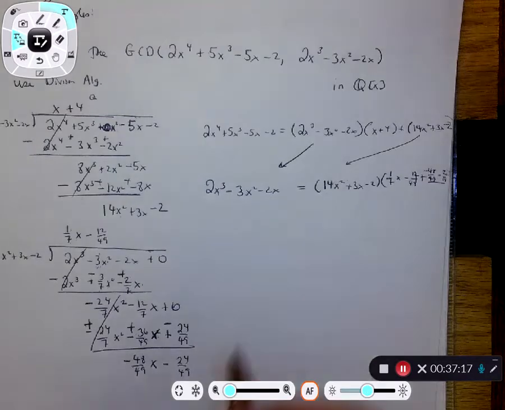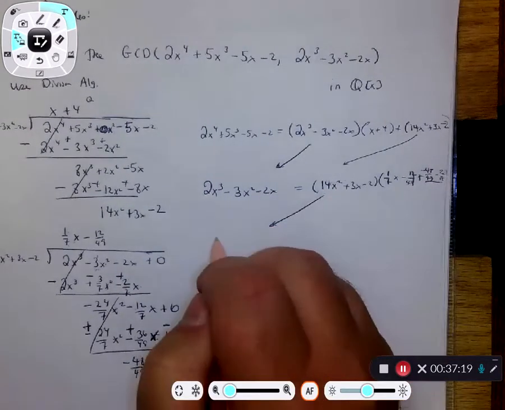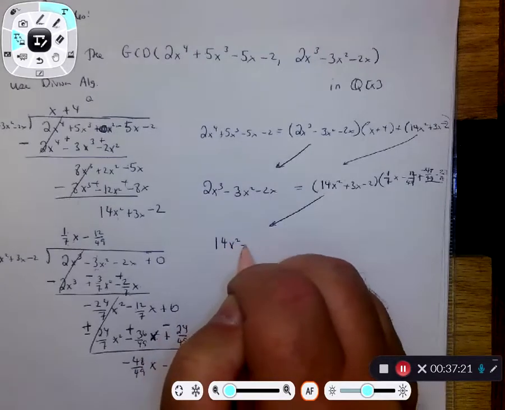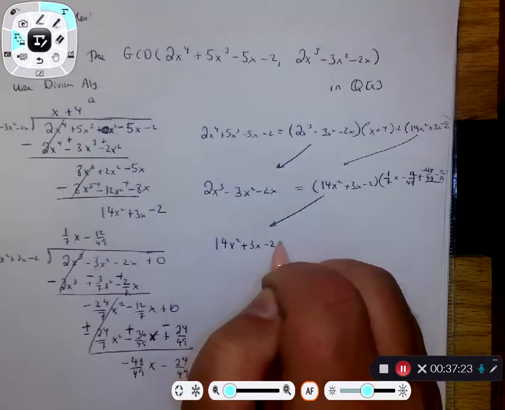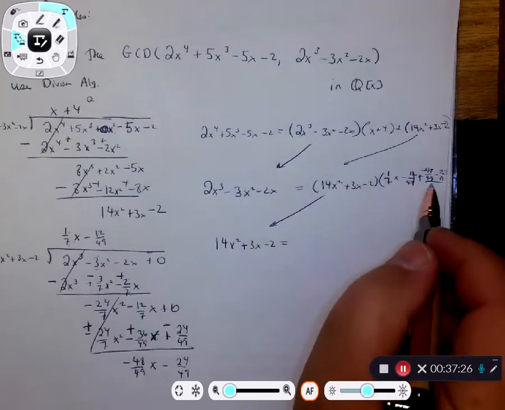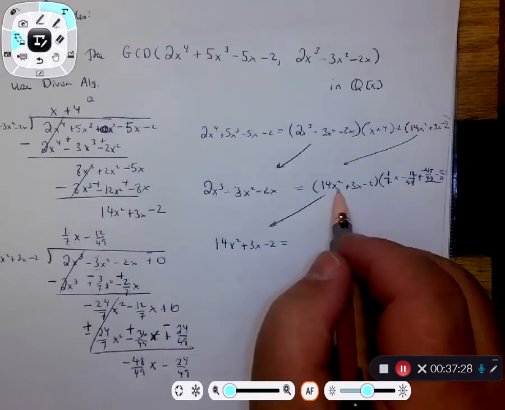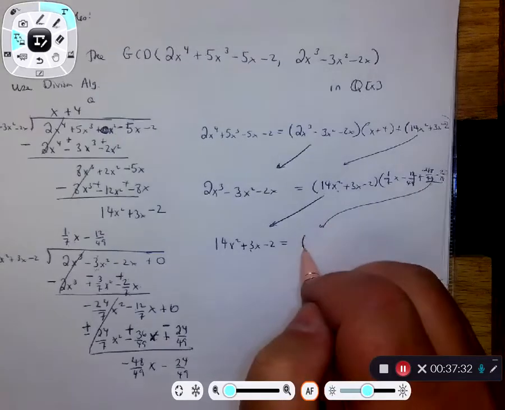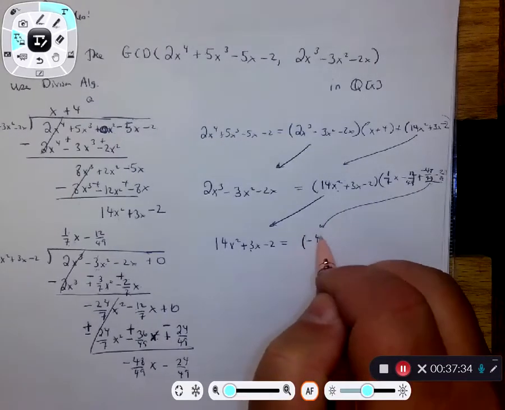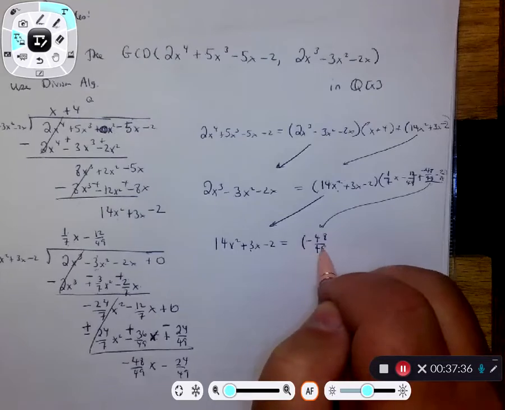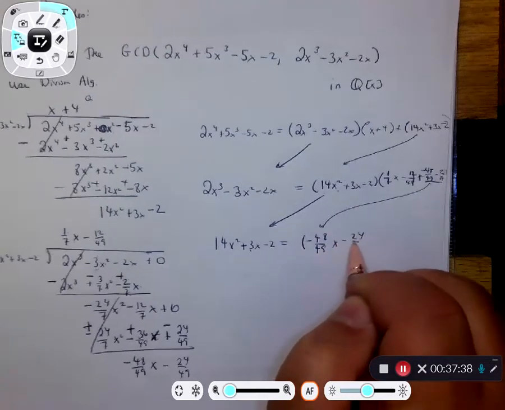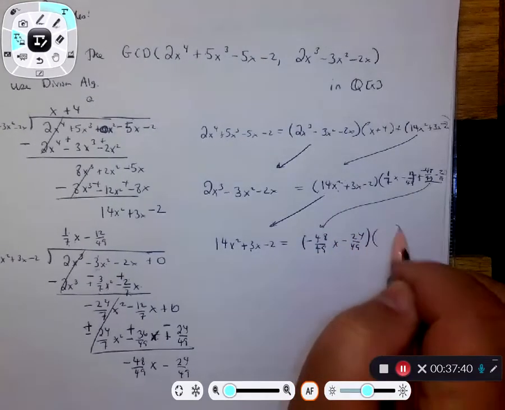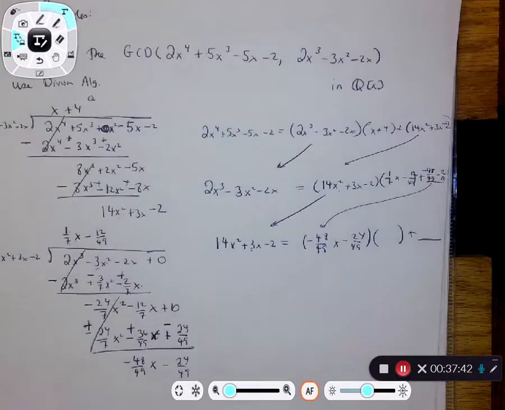Okay, so when I shift, this gives me 14x squared plus 3x minus 2. That'll be equal to, again, your divisor becomes the dividend and the remainder becomes the divisor. That's equal to negative 48/49 x minus 24/49 times somebody plus remainder.